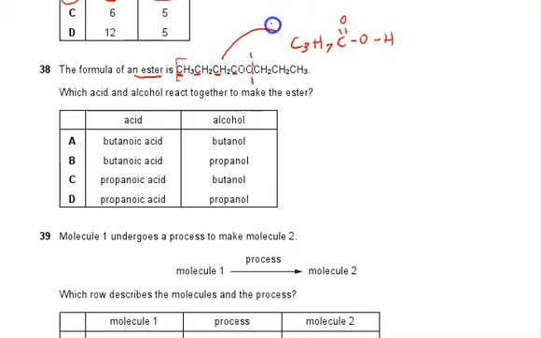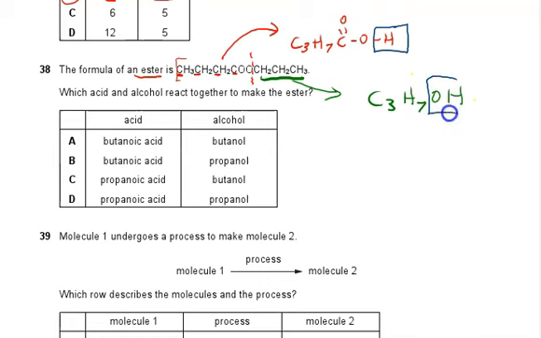This is from the acid. The other side is coming from alcohol, so it's C3H7 and OH. When they are forming ester, the hydrogen from the acid and the OH from the alcohol will combine to form water.